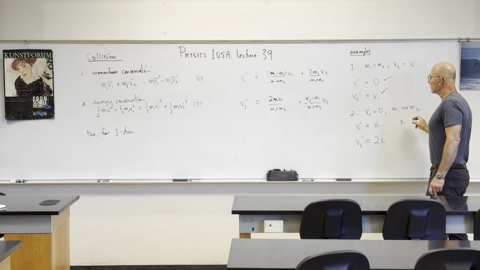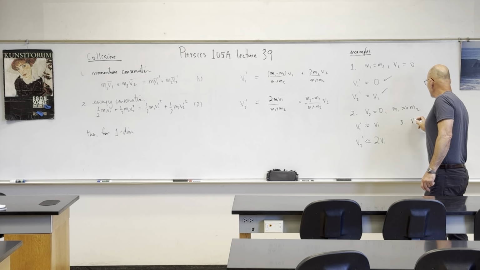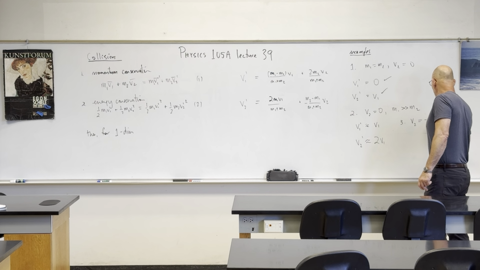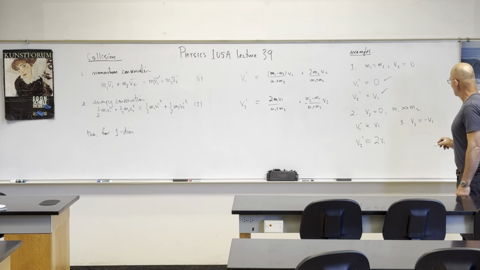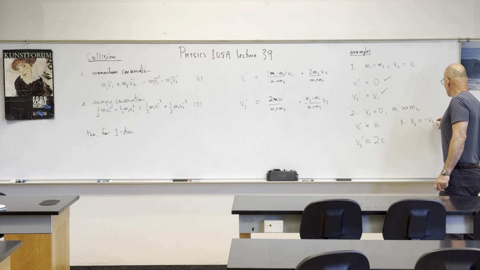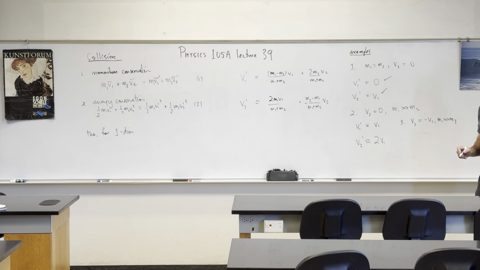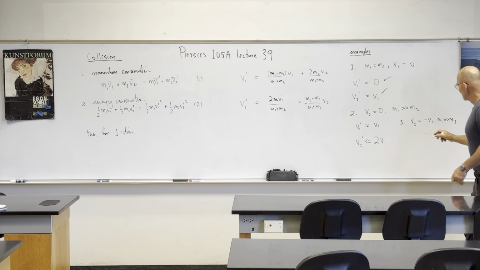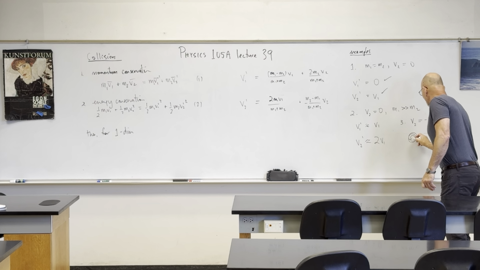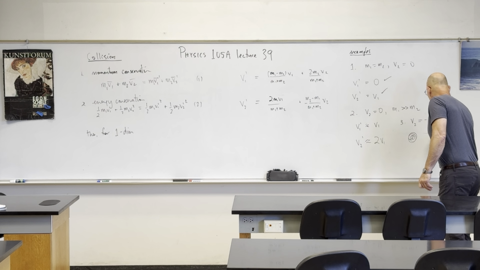So we're going to have v2 equals minus v1. And again, m1 is going to be much greater than m2. So what are we looking at here? We're looking at a head-on collision, except this one here is colliding with that one there, right? They're headed towards each other.